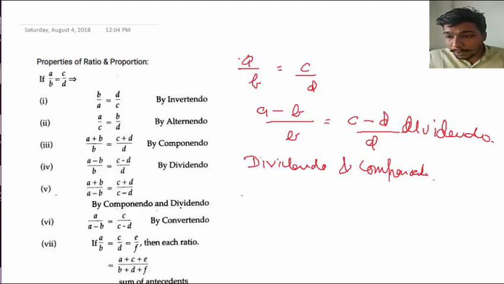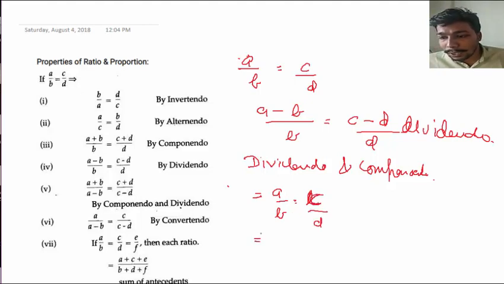So on addition of dividendo and componendo, in this case what we'll do is we will add the denominator to the numerator and we will subtract denominator as well from numerator, but we will write it at the place of denominator. For example, here we have A by B and C by D.